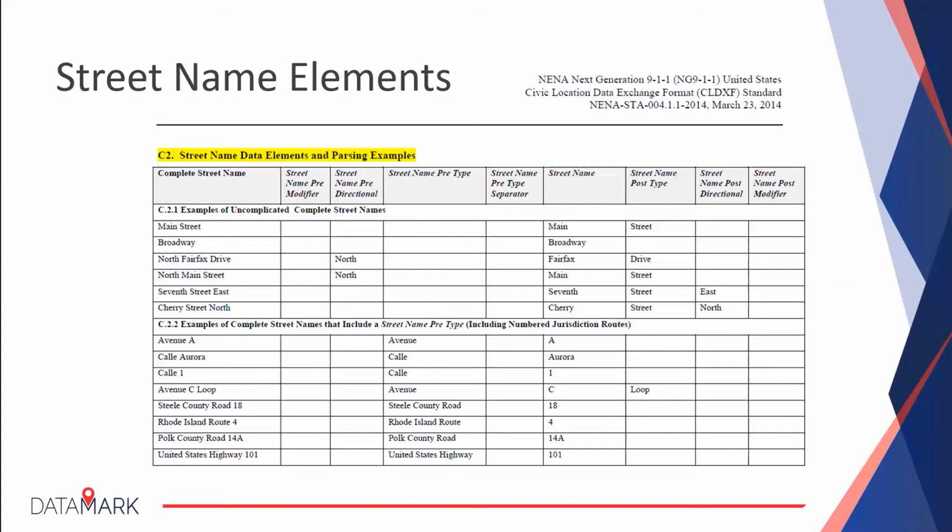But the addressing authority knew the story behind it, and the local wisdom and local knowledge is that rather than breaking it up that way, Old North Church would be the street name and Road would be the post type. Now that doesn't give anybody an out for having to parse these things. You don't lose the operational efficiency that comes from parsing them this way, and the granularity that provides flexibility but more work to create it.